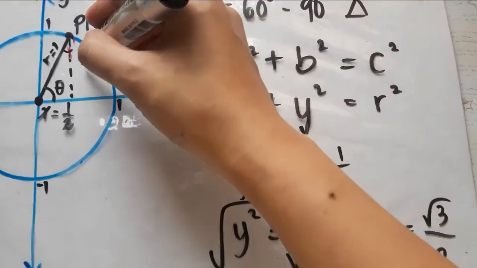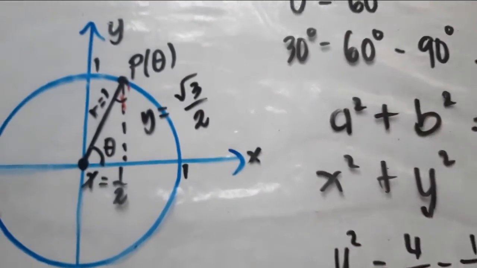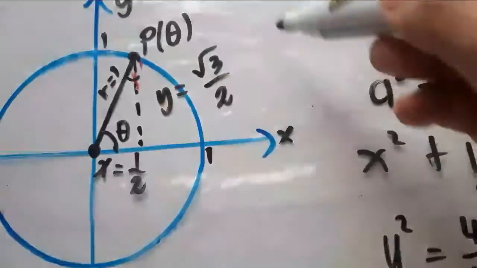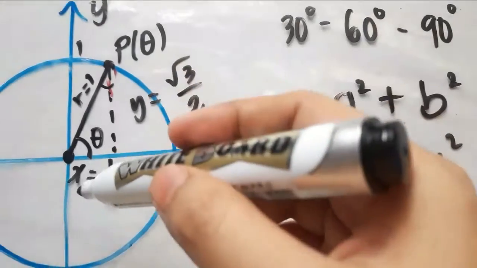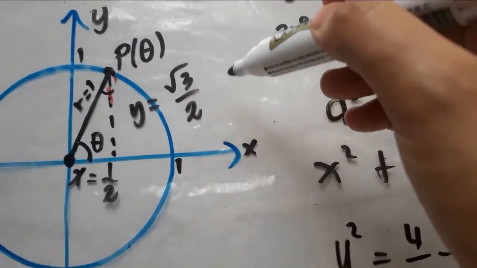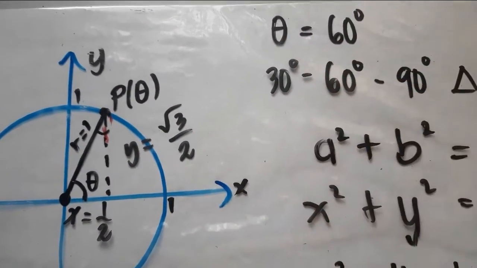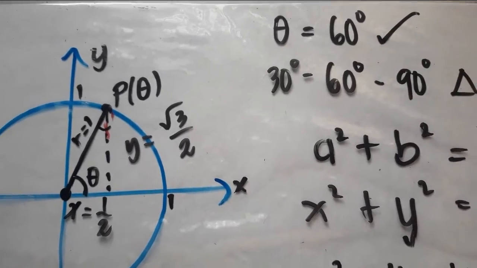So here we have y is equal to square root of 3 over 2. Notice that this time the coordinates were interchanged. A while ago, we had x is square root of 3 over 2 and y equals 1 half. This time, x is 1 half and y is square root of 3 over 2. That is for theta equals 60 degrees.